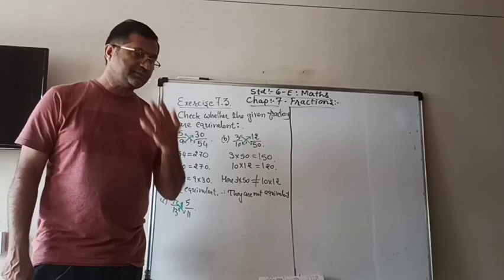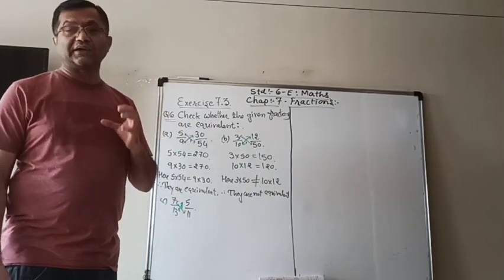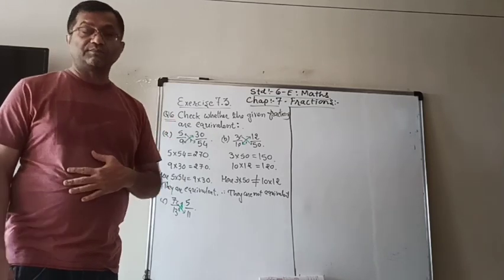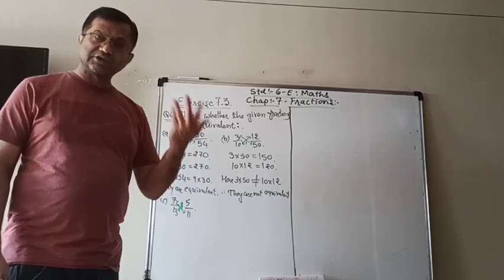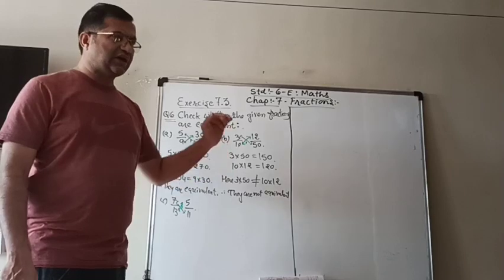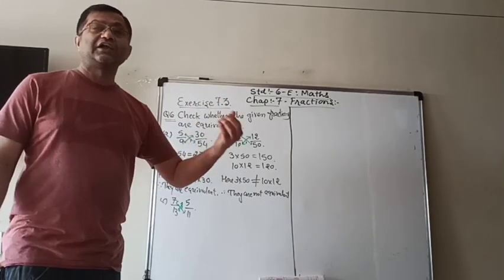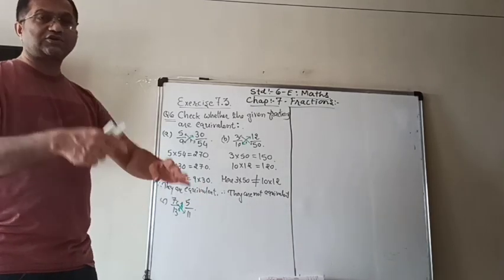What is the other method? We take both the fractions one by one and convert them into the simplest form. If the simplest forms are equal, they will be equivalent, otherwise not. But in that you have to do the simplification, and that will be a little longer method. So you can use this method of cross multiplication.